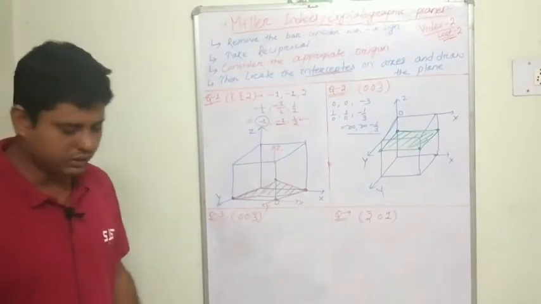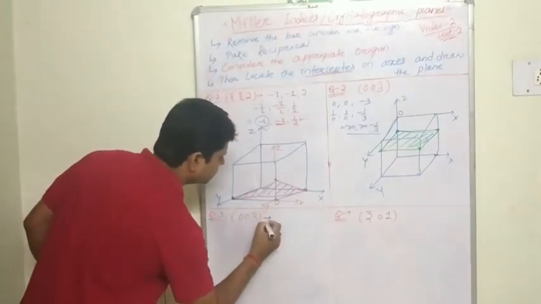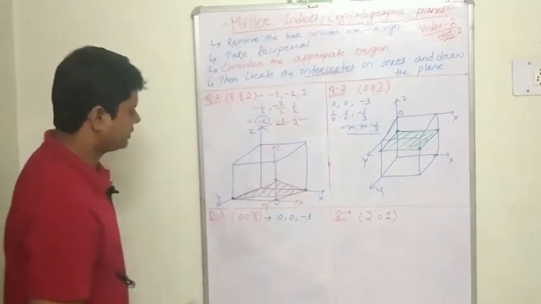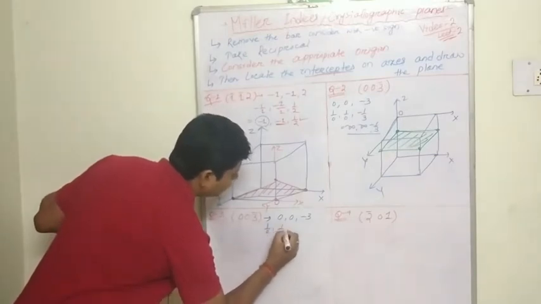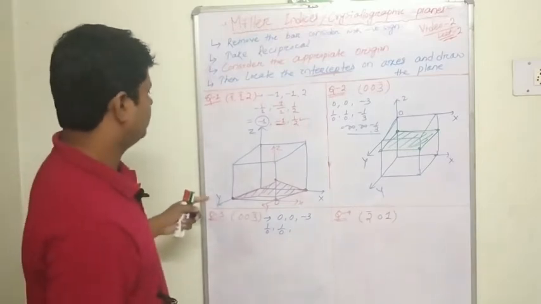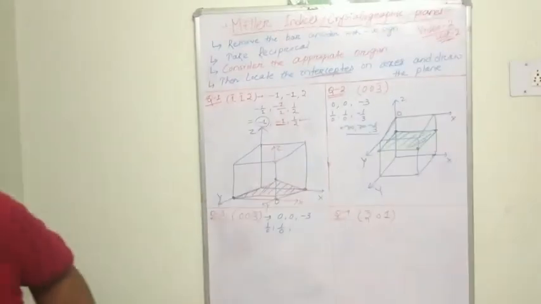Now we have to consider this one. Here first we have to remove the bar and consider the negative, take the reciprocal 1 by 0, 1 by 0. Wait, I have drawn here the same one, no?